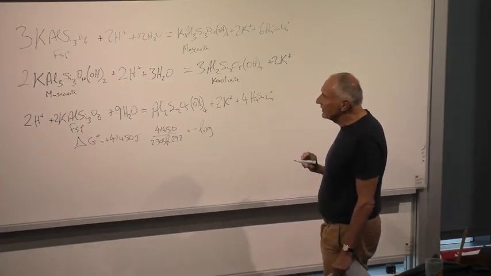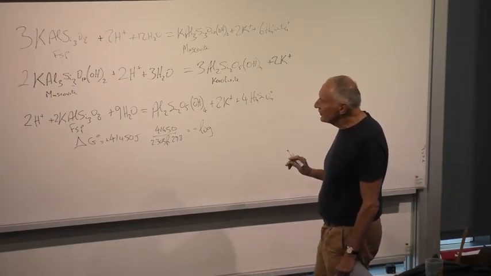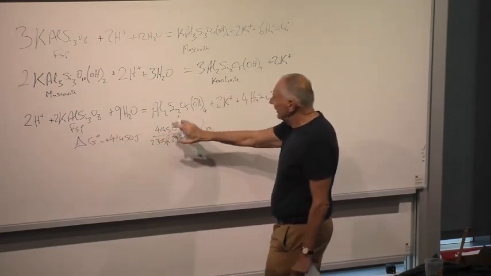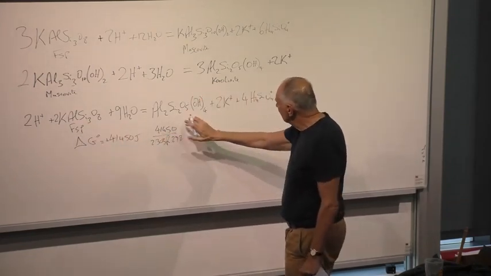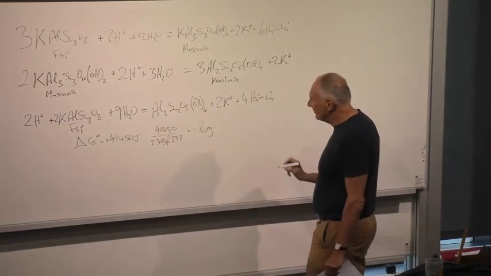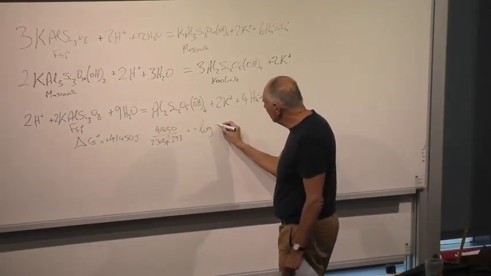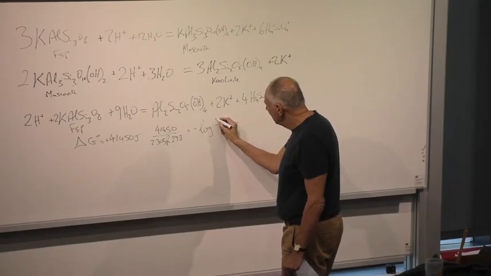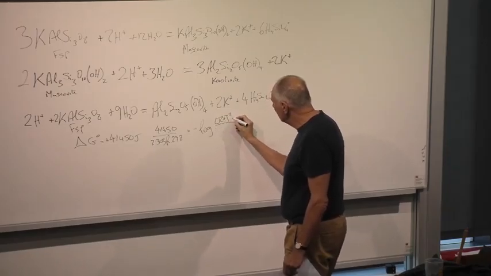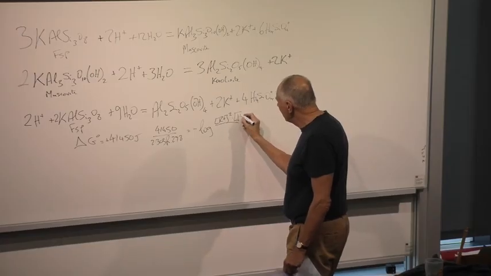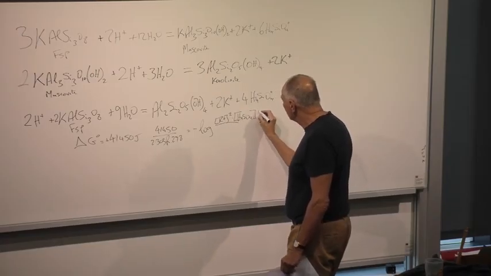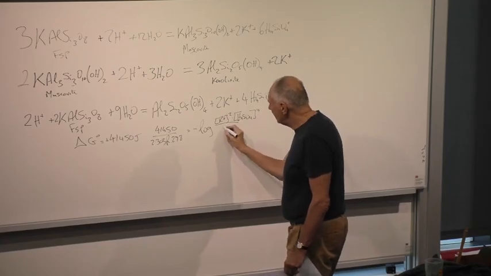So we'll assume that the activity of the solids is 1, and the activity of water is 1. So the equilibrium constant is simply K plus squared in concentration times H4SiO4 to the 4th over H plus squared.